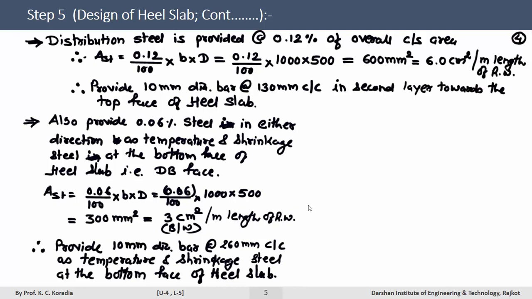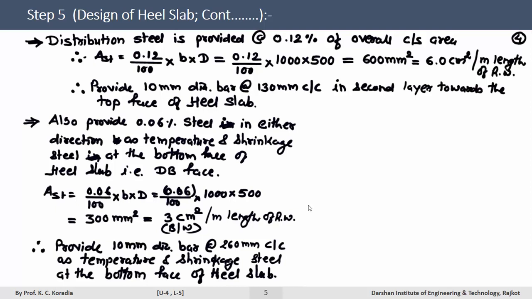AST will be equal to 0.12 divided by 100 into B, that is 1000, the length of our retaining wall, into D, the overall depth of our cross section, that is 500. This comes out to be 600 mm square or 6 centimeter square. Again using the same table 96 on page number 230, we get 10 mm dia bars to be distributed at a spacing of 130 mm center to center in a second layer towards the top face of the heel slab.